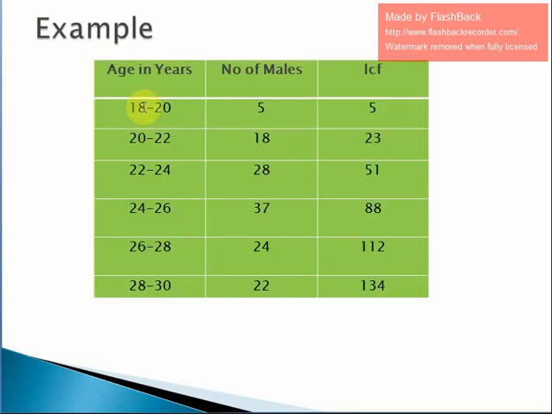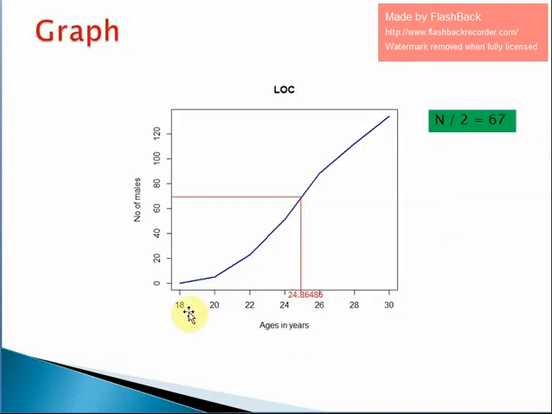If you see this, take 18 on the x-axis and 5 on the y-axis. The next point is 20, and this is 23. Next is 22. The lower limit is plotted against the less than cumulative frequency. If you plot this, take the lower limits: this is 18, 20, 22, 24. All these are the lower limits, and lower limits are taken on the x-axis.